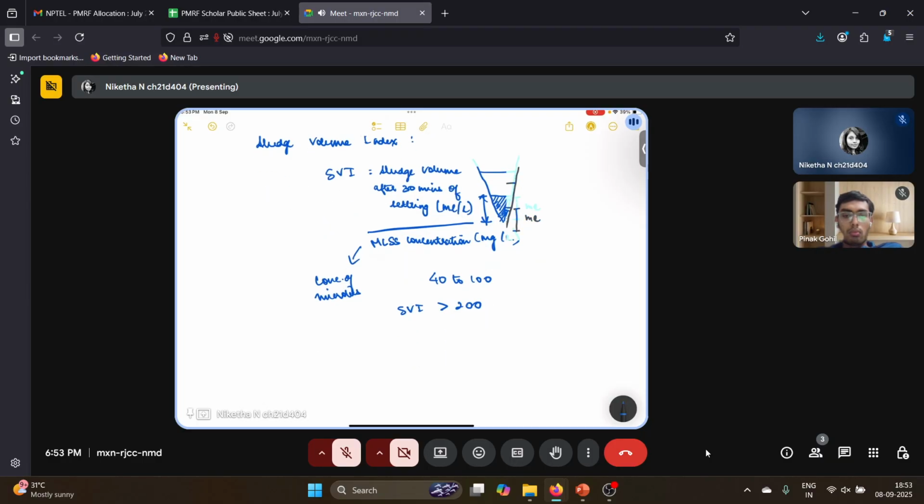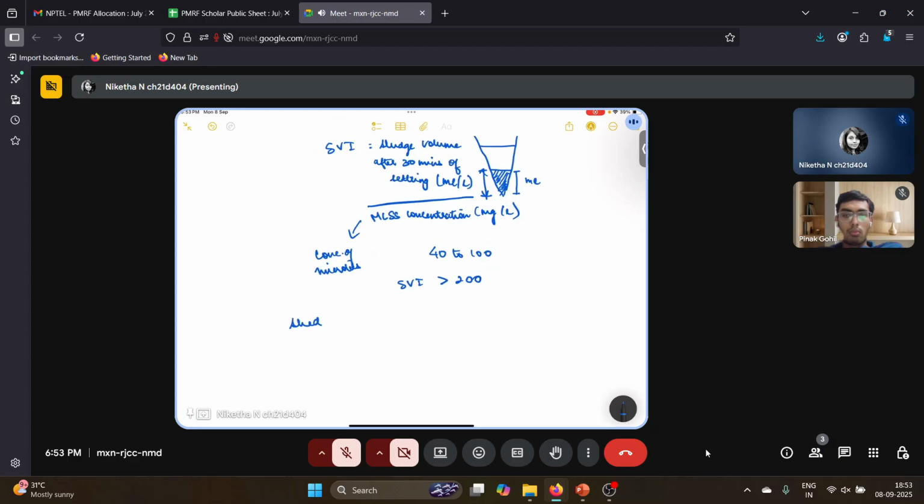So here we have to discuss one more term called sludge bulking. Sludge bulking is where a large volume of sludge is produced, and this is caused by filamentous bacteria that don't settle down easily.